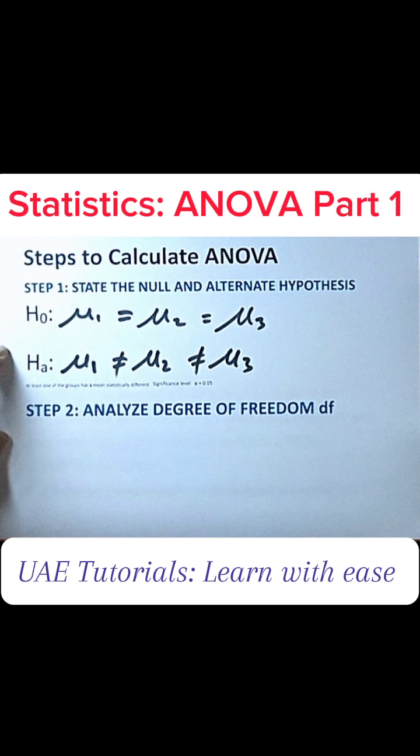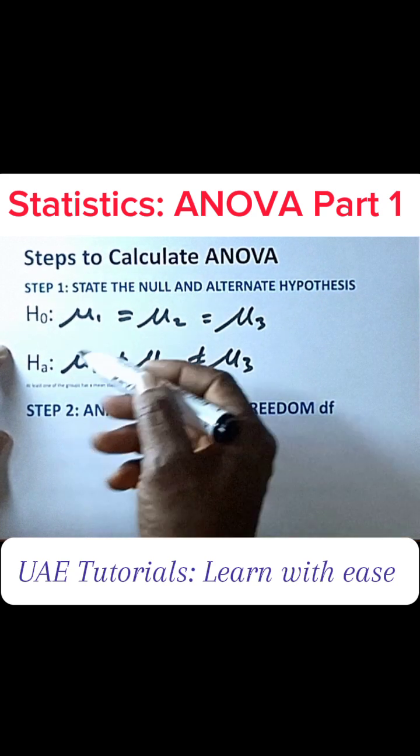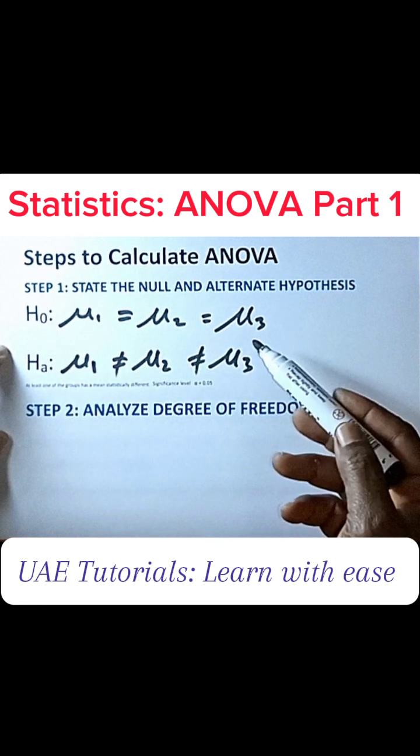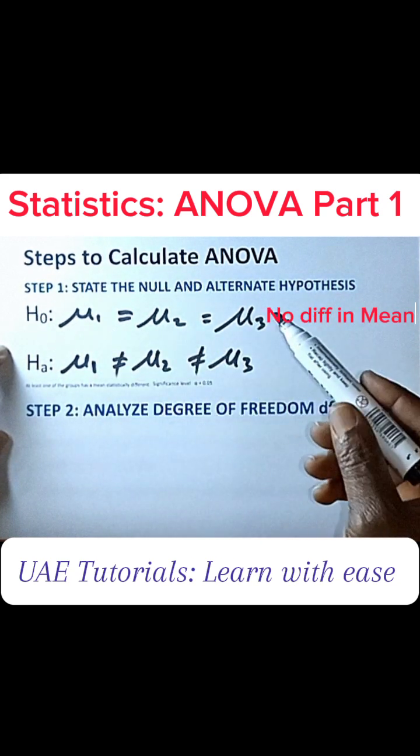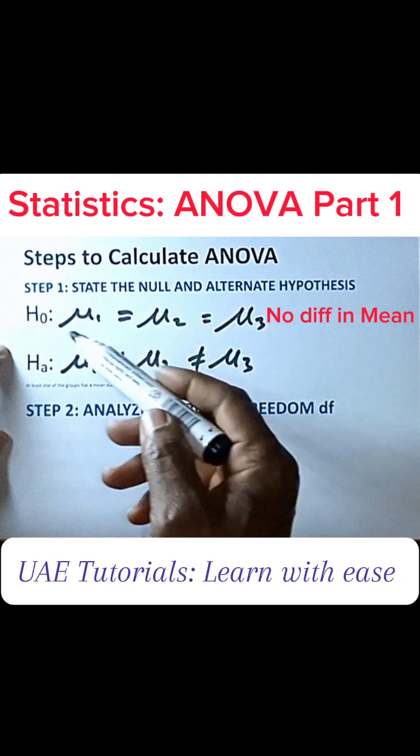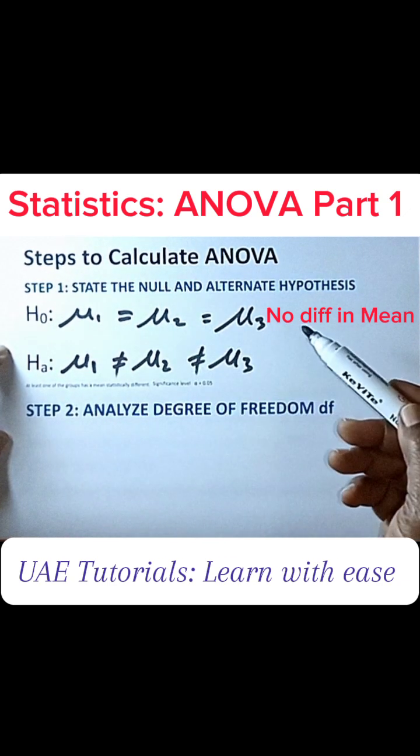Remember, we mentioned that ANOVA is used to analyze if there is any difference between the mean of at least 3 groups. So for these 3 groups, this is the null hypothesis, which states that there is no difference. That's mu1 equals mu2 equals mu3.